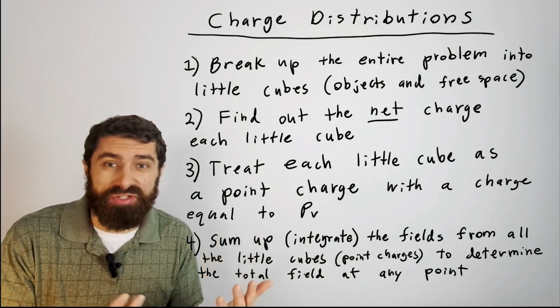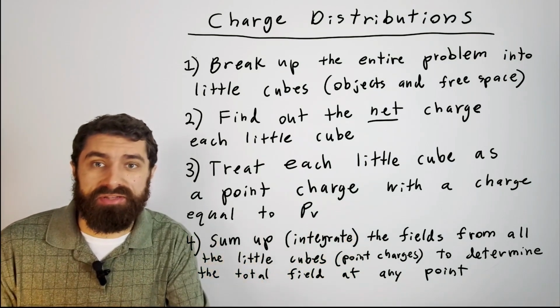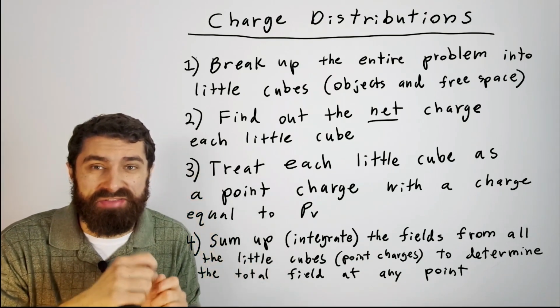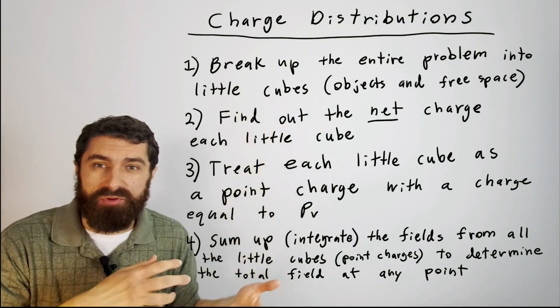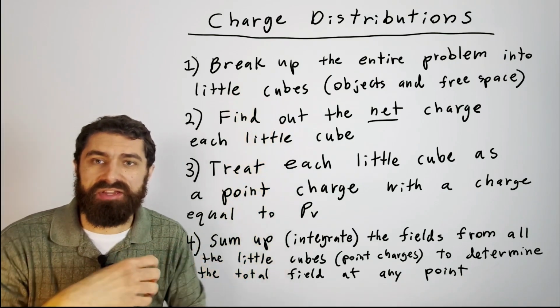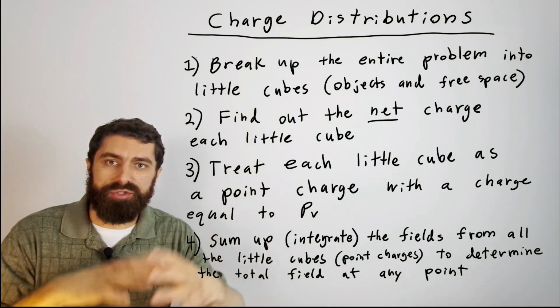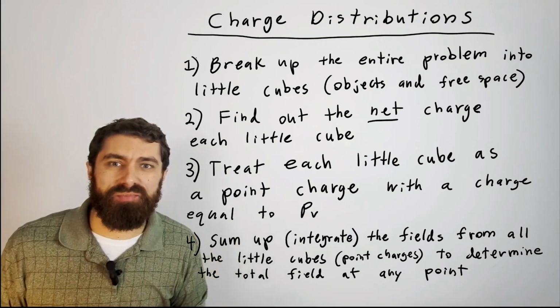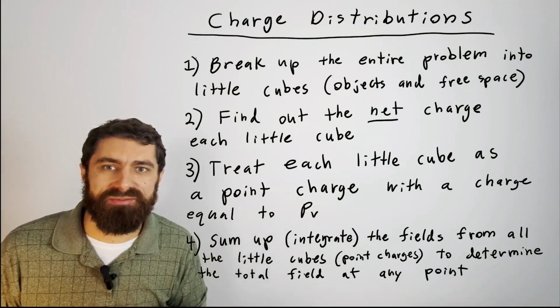That's essentially what we were doing in the previous slide with individual point charges, but this charge distribution way of looking at things is a much more general way of solving any electrostatics problem, no matter how complex.